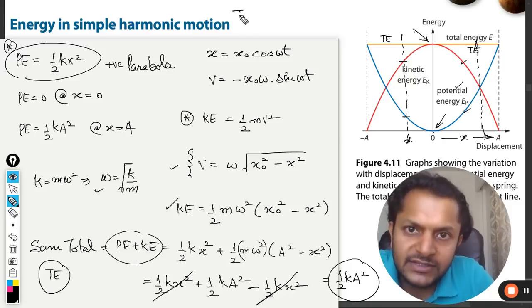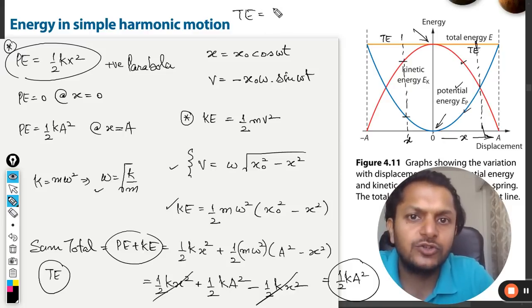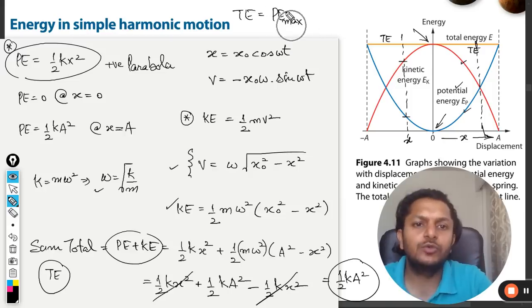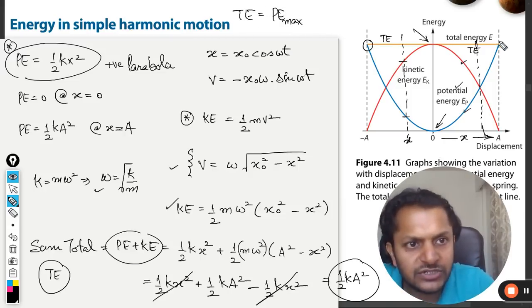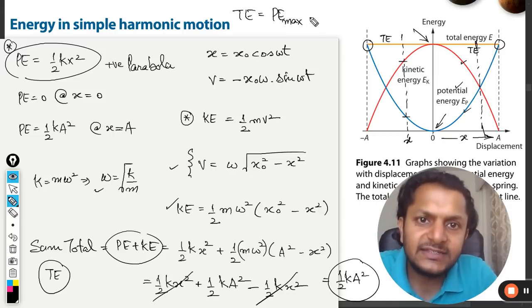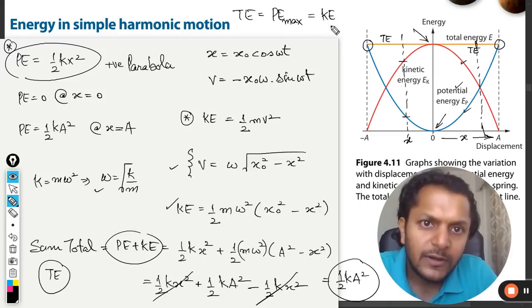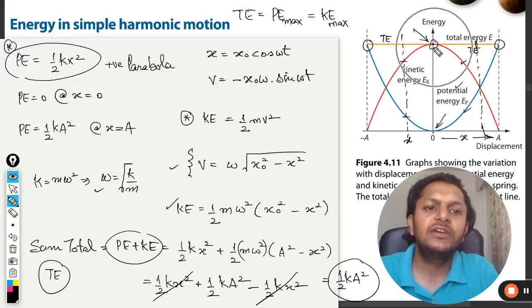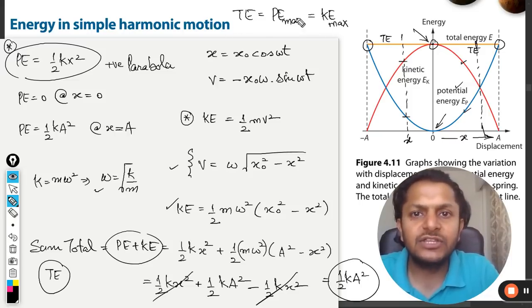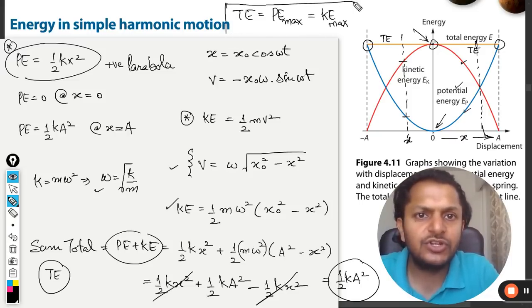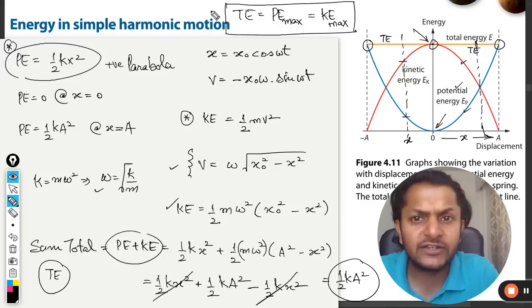Now it means that the total energy is equal to the max potential energy, which is going to occur at the extreme positions, and it is equal to the max kinetic energy at this point, which is shown here. So this is the expression. You need to remember it. It's a very important expression.